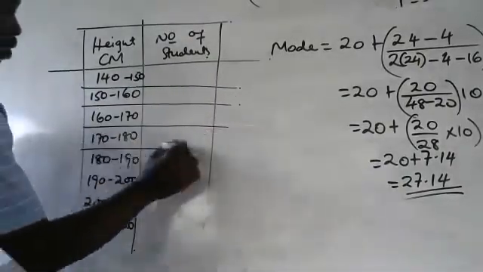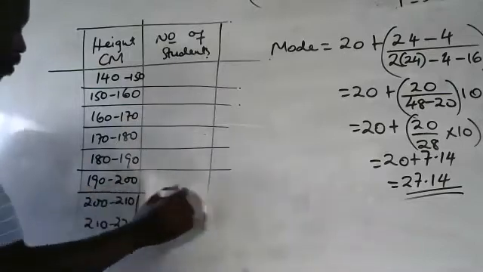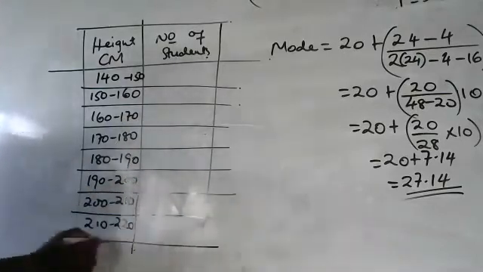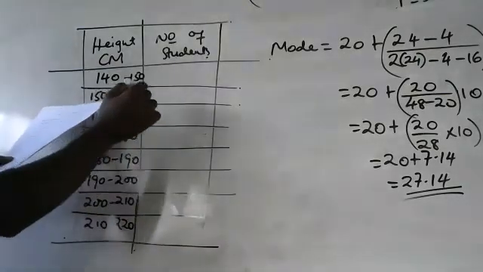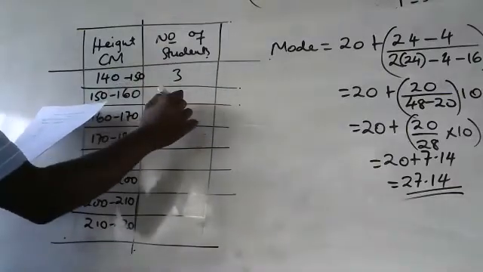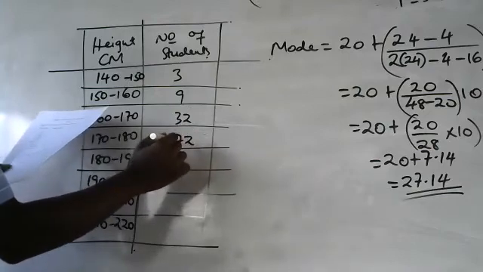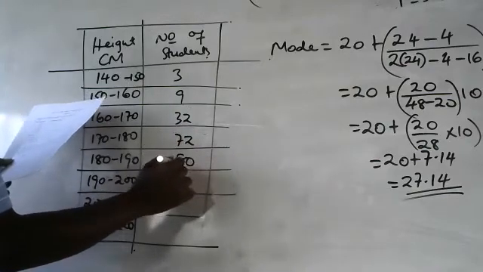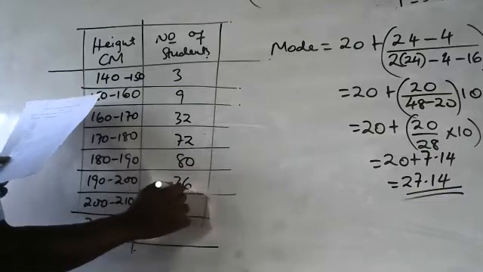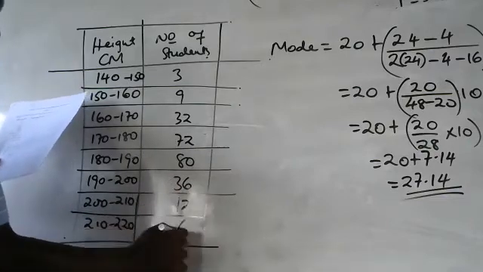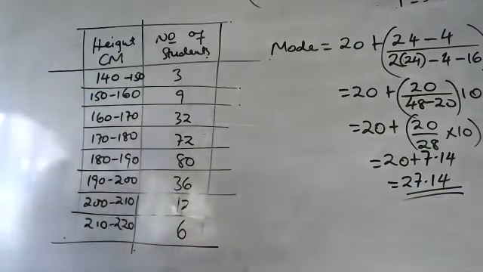We need to use this particular information to be able to calculate them all. So the frequencies are given as 3, 9, 32, 72, 8, 36, 12, 6.